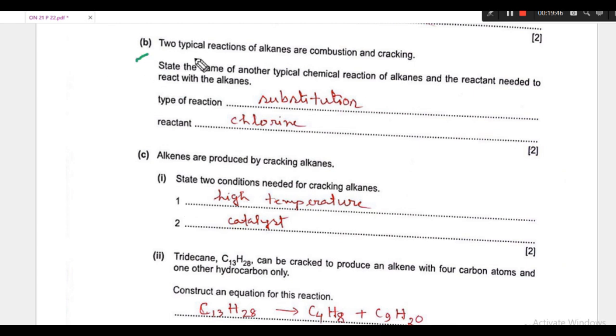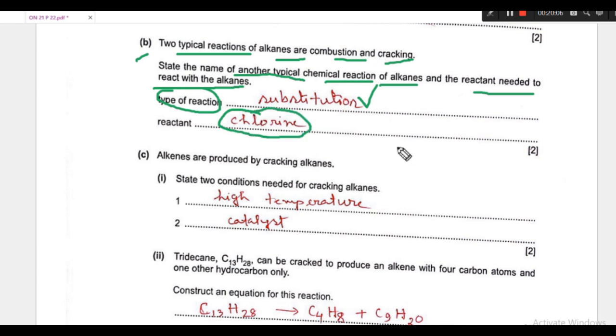Number B, two typical reactions of alkanes are combustion and cracking. State the name of another typical chemical reaction of alkanes and the reactants needed to react with the alkanes. And you know, type of reaction is substitution reaction, reactant chlorine.